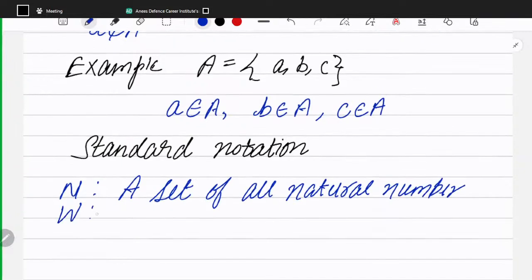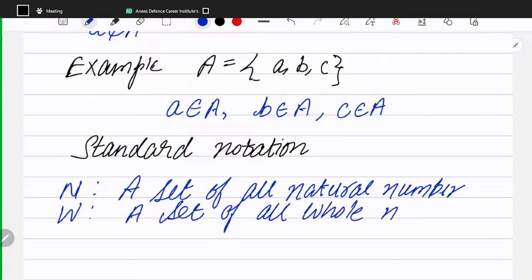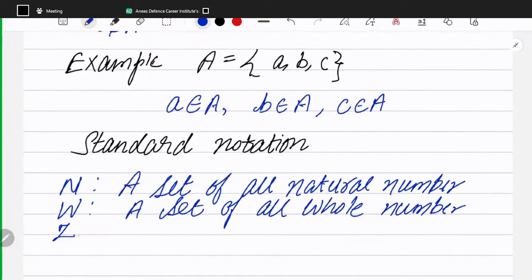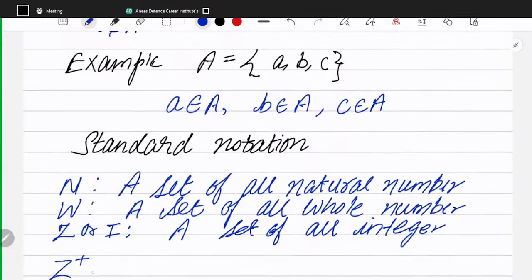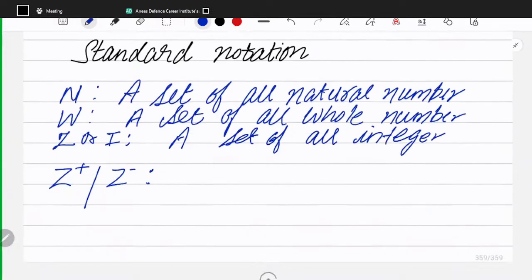Capital W, a set of whole numbers. Capital Z, or capital I, means a set of integers. Z plus or Z minus, a set of positive or negative integers.